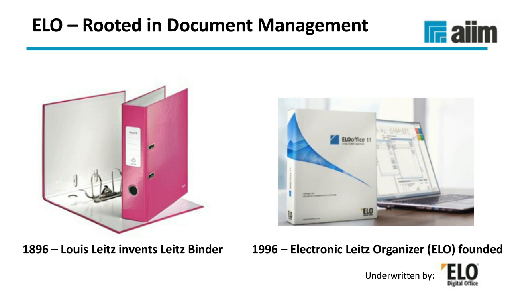Fast forward to 1996, the founders of ELO took technology and applied it to document management. They named the company and its product the Electronic Light Organizer, so ELO. ELO is deeply rooted in document and information management, and I hope that this explanation will help you not to confuse our company name with the Electric Light Orchestra in the future.